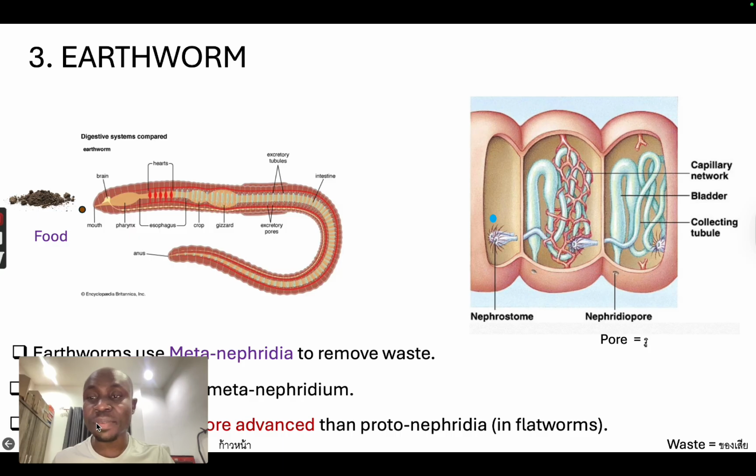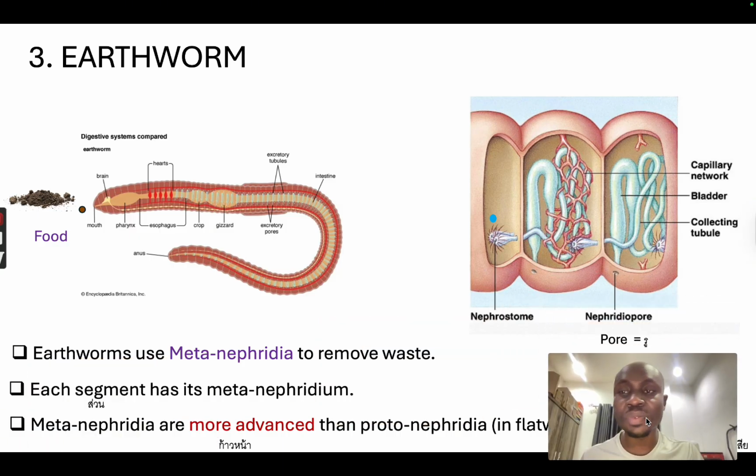The next animal is the earthworm. How do earthworms remove waste? First, the food waste. The food goes into the mouth and out of the anus, just like this. Very simple. What about extra water and the nitrogenous waste? How do earthworms remove them?